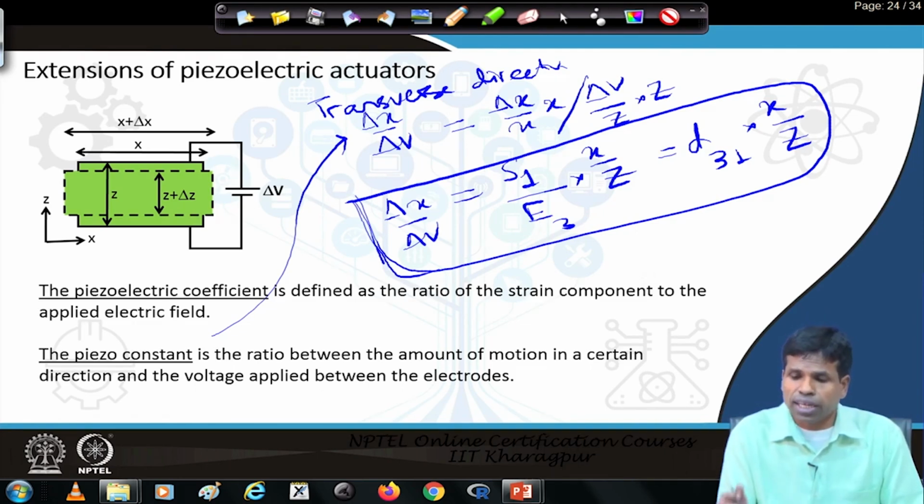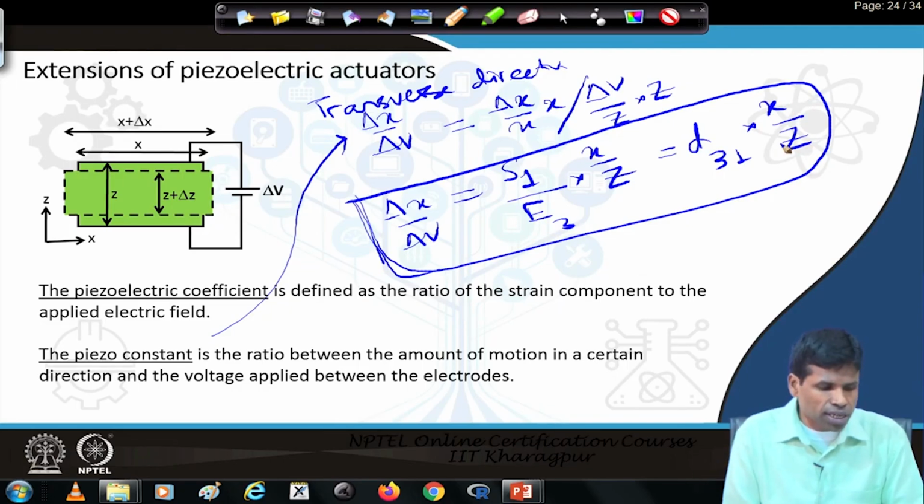The second point is that if we use a very thin plate, where z is small, then the potential may reach its highest level, after which we cannot apply more potential. So the electric field will reach its limit. Up to a level x can be increased or z can be decreased, above which it will again create problems.